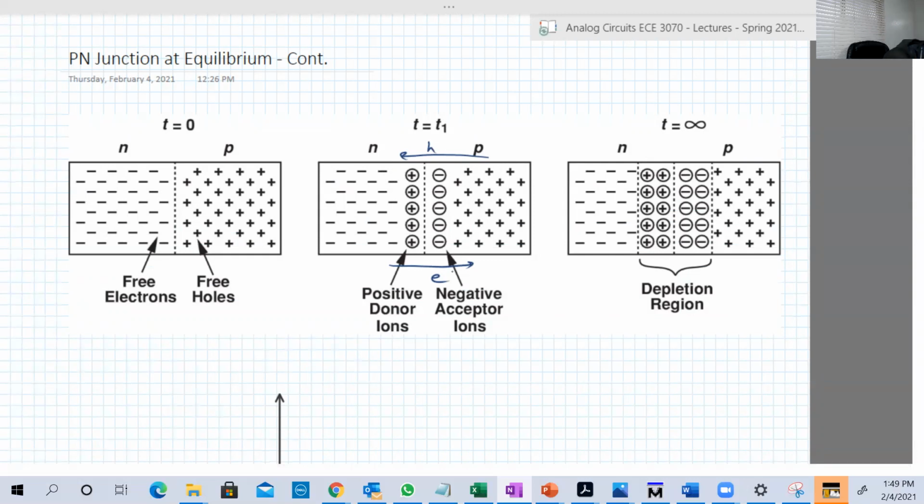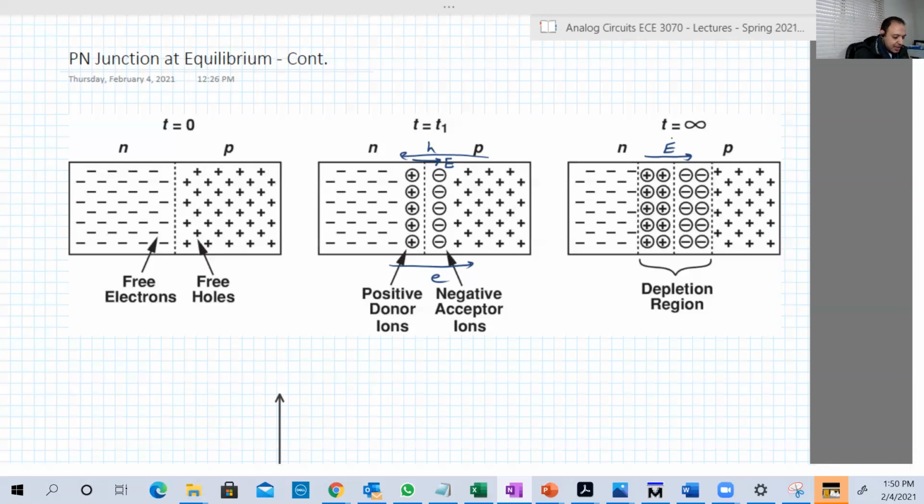This will create an electric field in that direction, and the drift current in the same direction. At t equal to infinity, I mean after a long time, we have a strong electric field that stops the motion of holes from P to N and the motion of electrons from N to P.